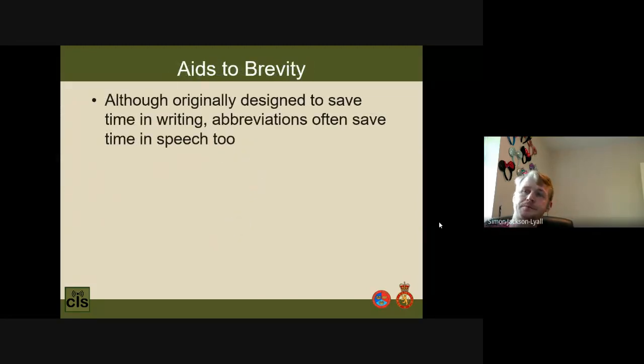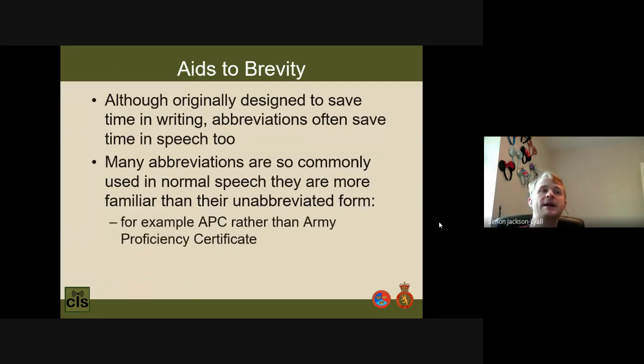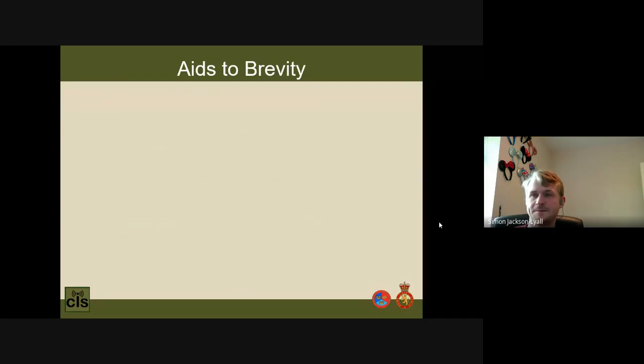Although they're originally designed to save time in writing, so you can write them down quicker, abbreviations can save time in speech too. And many abbreviations are so commonly used in normal speech that they're more familiar than their unabbreviated form. For example, APC. We say APC, you know, 3-star APC, all that kind of thing, instead of Army Proficiency Certificate. Seem to be unable to say today myself.